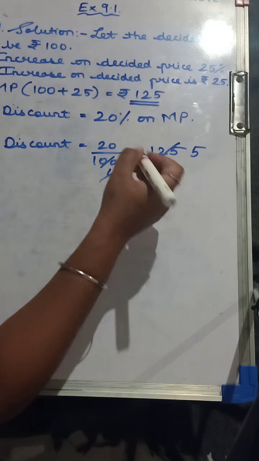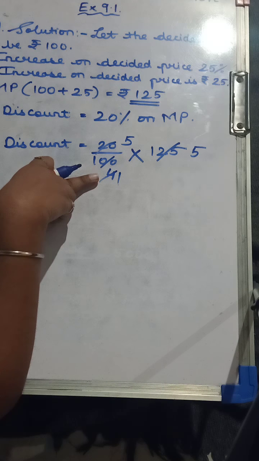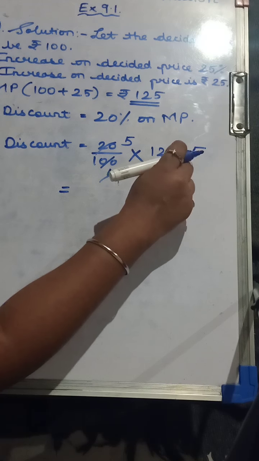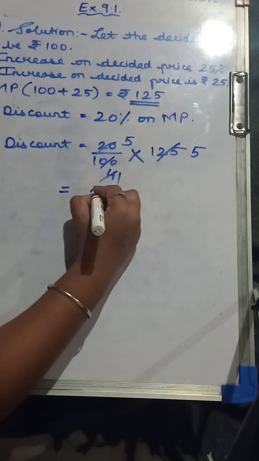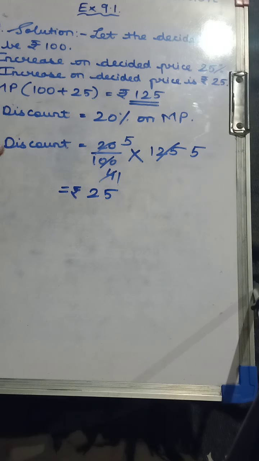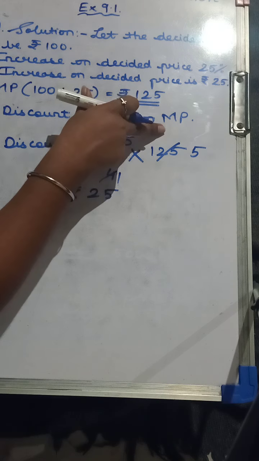So 4 ones are 4, 4 fives are 20. So 5 multiplied by 5, 5 fives gives us 25. That is, we have rupees 25. This is the discount that he is giving on the mark price.